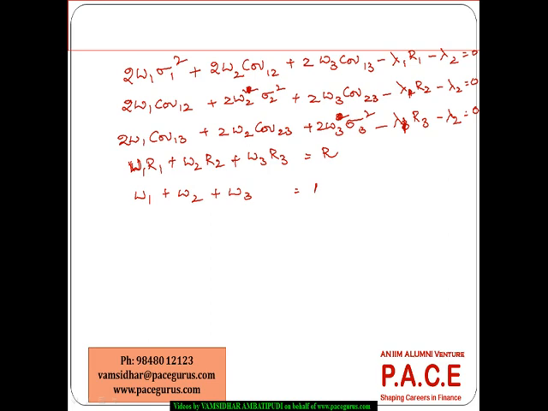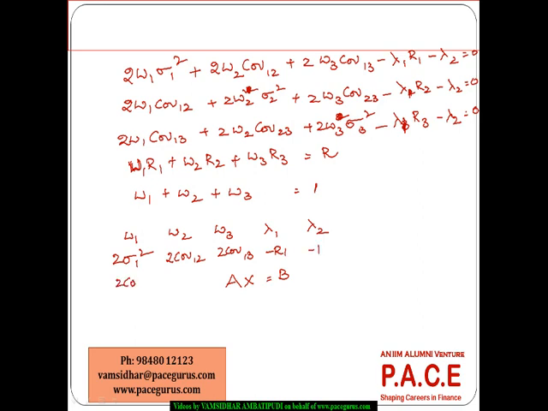Now if you see these 5 expressions, if I solve, I'll get W1, W2, W3. And the best way for me to solve is to write this in the form of a matrix, wherein I'll take variables W1, W2, W3, lambda 1, lambda 2. So I'll write it in such a way that AX equal to B. A simple way for me to look at here is I'll take 2 sigma 1 squared, 2 covariance 1, 2, 2 covariance 1, 3, minus R1, minus 1.